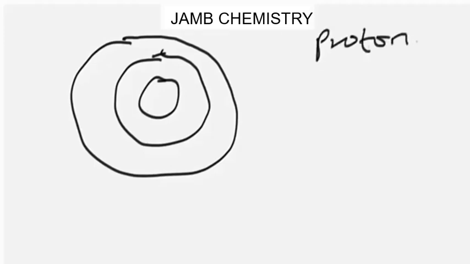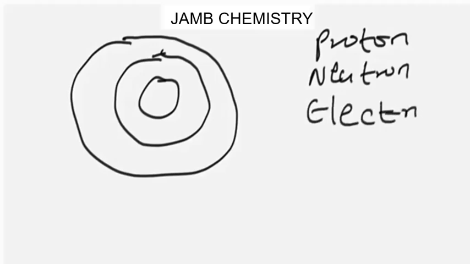Now, atoms have subparticles known as the protons. All right, so we have the proton, we have the neutron, and we have the electron. Okay, now the protons and the neutrons are found within the nucleus of the atom.